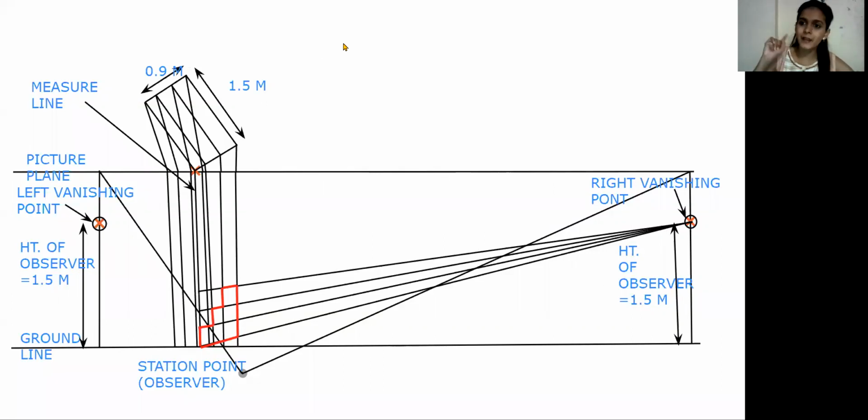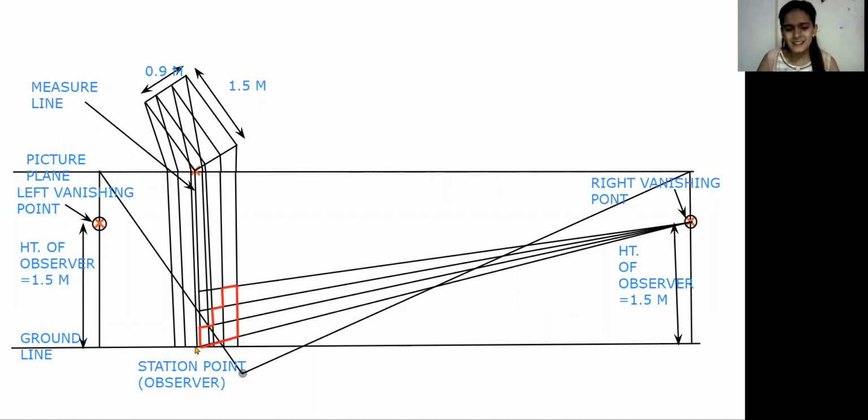I am showing it by a green tick mark. This point 1, 2, 3, 4, 5, 6, and 7. All the corner points of riser and tread. We are getting 7 points. Okay, so we need to connect these 7 points up to the left vanishing point.